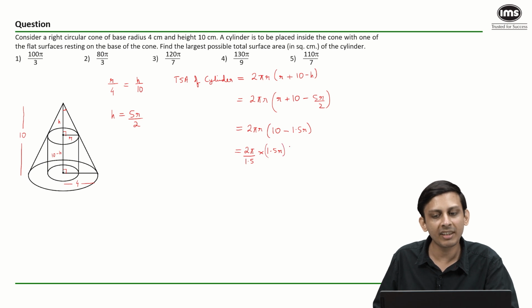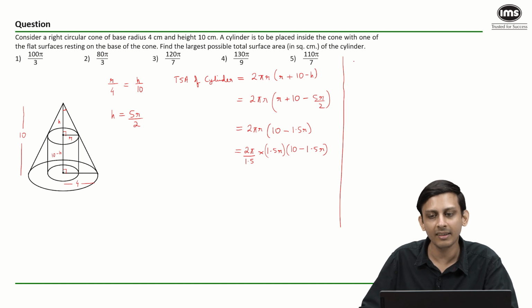But the benefit of this is that now if you look at 1.5r and 10 minus 1.5r, the sum of 1.5r and 10 minus 1.5r, if I show you at the side, the sum here will be constant. Okay, the sum will be simply 10, which is a fixed number.